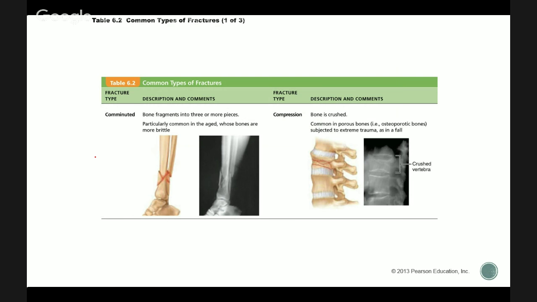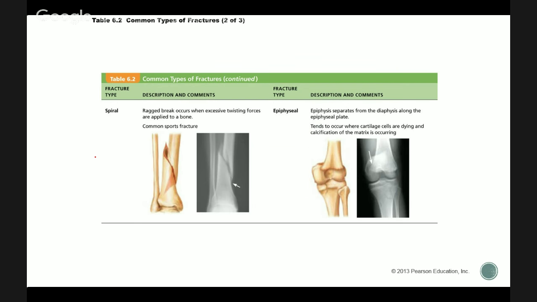If you have osteoporosis in your bones, that can happen. You can also see compression fractures that happen as a pathological fracture. For example, if someone has cancer in their bones, they can suffer compression fractures related to the cancer eating away at the bones. Spiral fracture. So if there's a twisting force placed upon the bone, you can twist and fracture the bone.